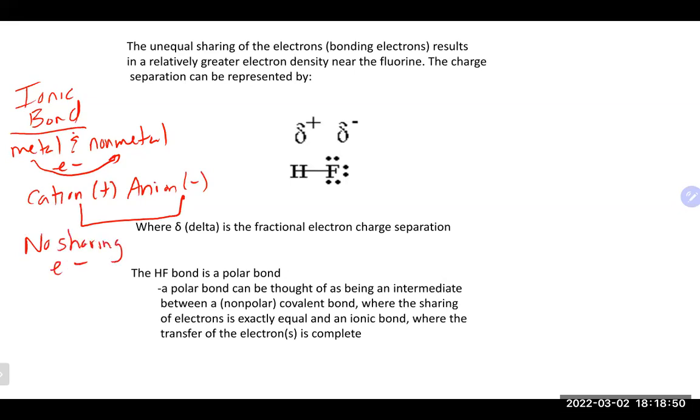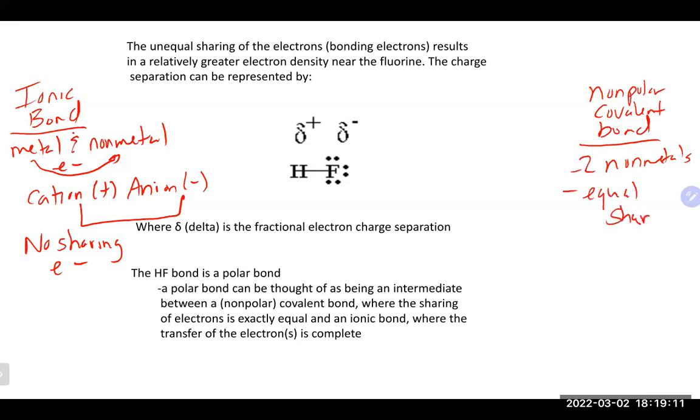On the other end of the extreme, we have a non-polar covalent bond, which is always between two nonmetals. And we have equal sharing of electrons, like we saw with H2 or F2.